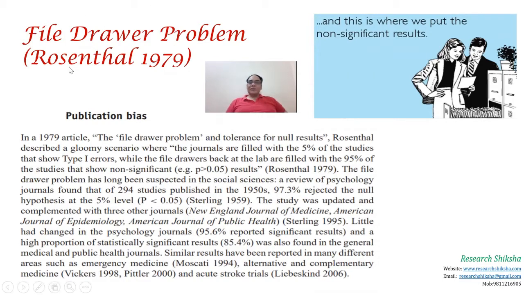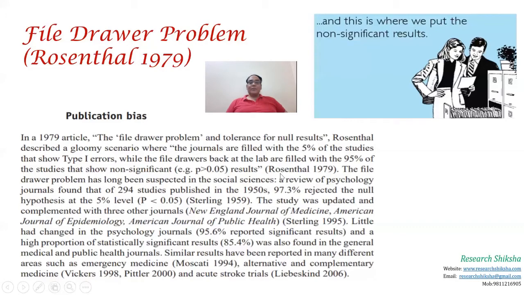So Rothenzel wrote an article. Although the article is very, very old, in a 1979 article, the file drawer problem and tolerance for null results, Rothenzel described a gloomy scenario where the journals are filled with 5% of the studies that show type 1 error, where the file drawers back in the lab are filled with 95% of the studies that show non-significant results. Right.